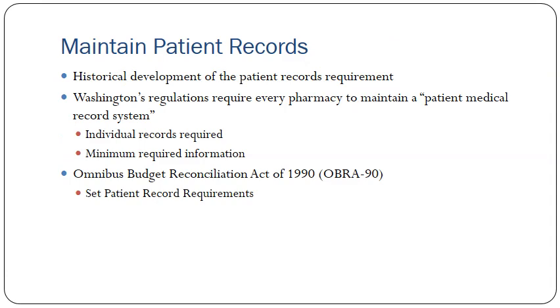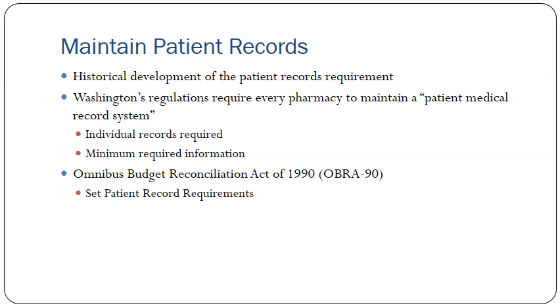The legal requirement to maintain a record of all prescriptions dispensed has been in Washington law since at least 1939. However, maintenance of individual prescription records for a patient was not a standard of practice nationally until well into the 1980s.